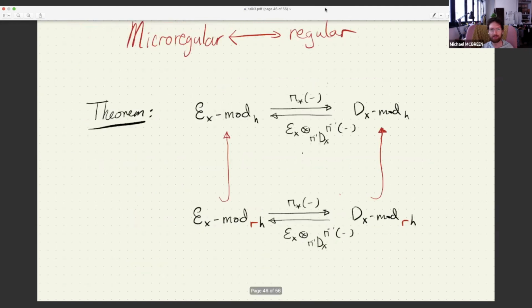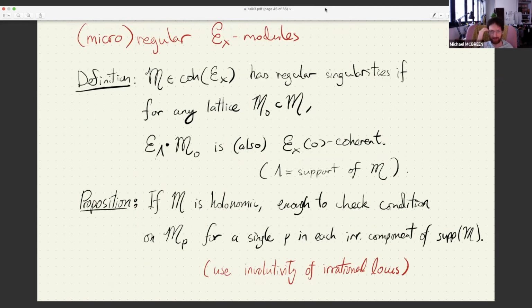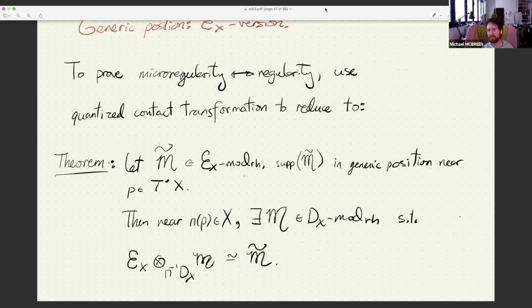You can use this definition to reduce your E_X module to standard form, meaning you can pick some clever generator such that it looks like one of the examples I wrote down in the talk. Your relation is a polynomial in an Euler operator, and that's manifestly regular in the classical sense.